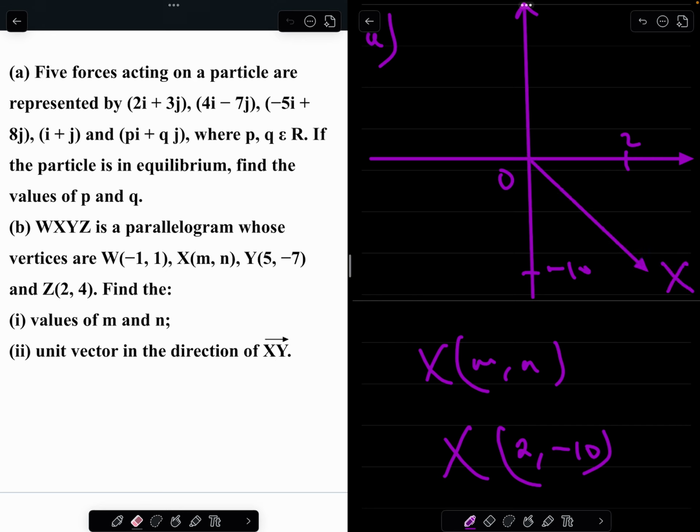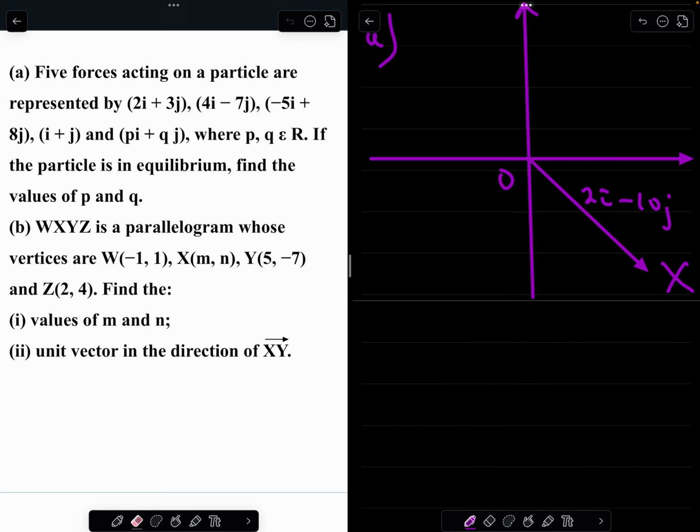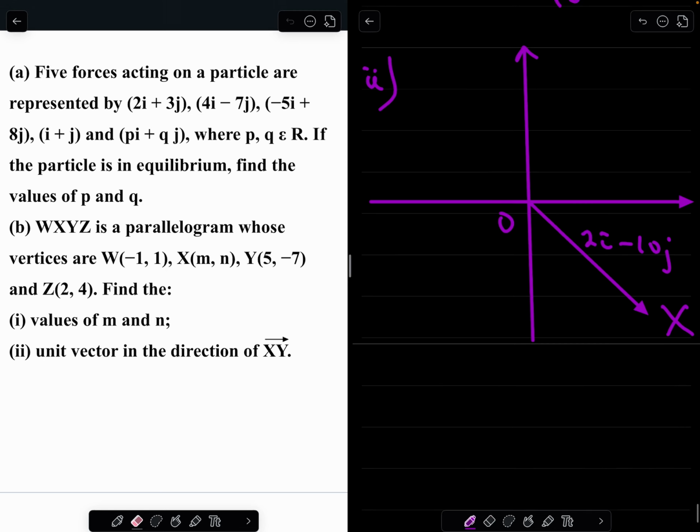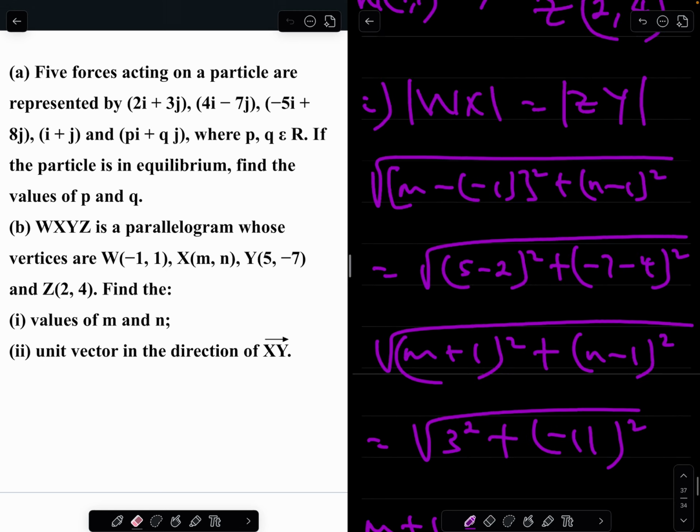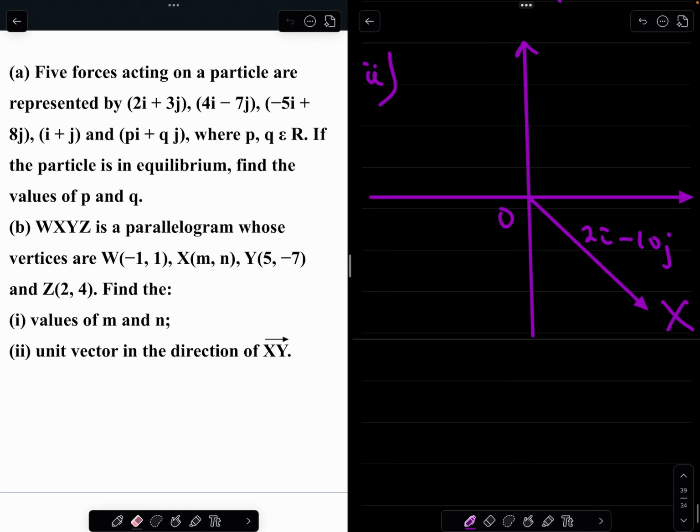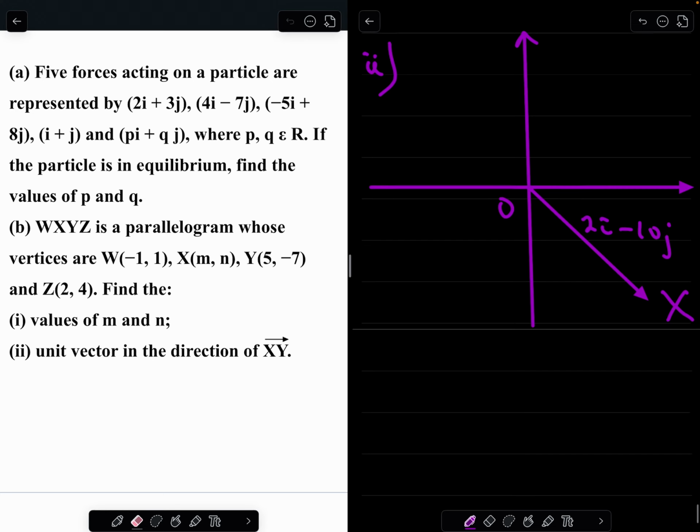That's OX. And that means it is 2i minus 10j. Now how do we sketch the vector OY? What are the coordinates of y? The coordinates of y are 5, minus 7. So 5, minus 7, that means 5 on the x-axis and minus 7 on the y-axis.